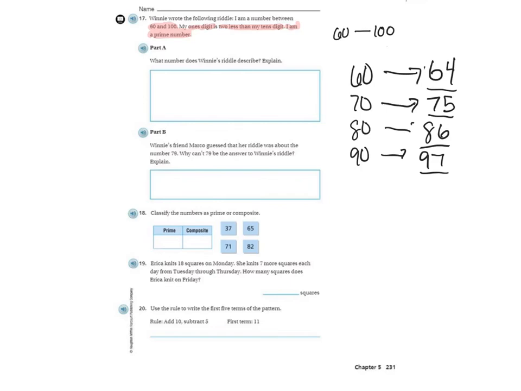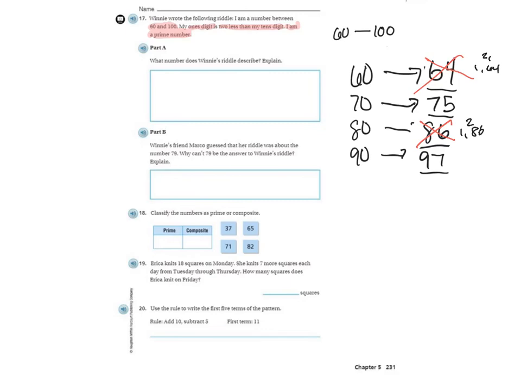For example, I know my factors of 64 include 1 and 64, and I know I can divide 2 into 64. I have no idea what the result is, but I know I can do it because 2 is an even number. If I count up high enough, I'll get to 64. Same thing with 86. So I know that it can't be 64 because that's a composite number, and it can't be 86. They're divisible by 2 and they're even.